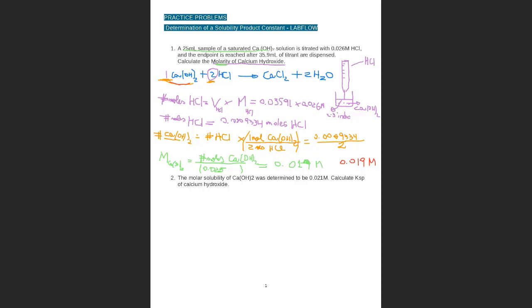Actually, Alonso is asking, is it possible to use the equation V1M1 equals V2M2? Yes, totally acceptable. Why didn't I do it? Because I went step by step, as some of the students prefer to understand exactly.